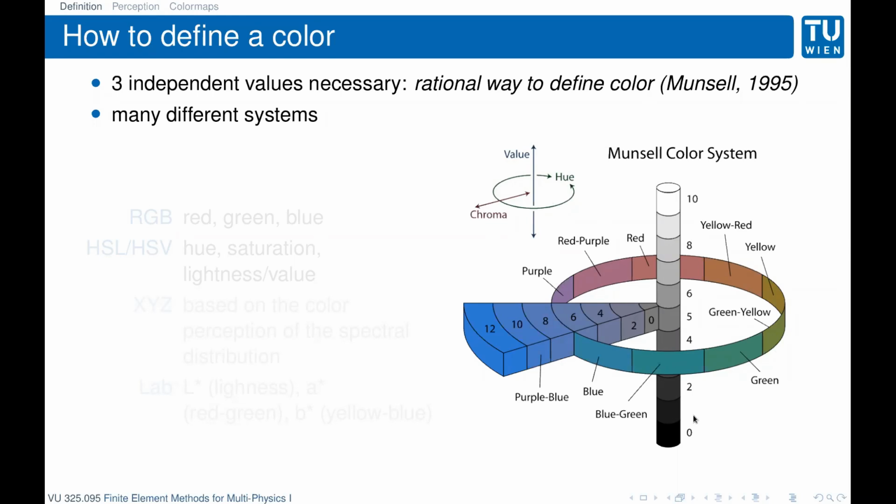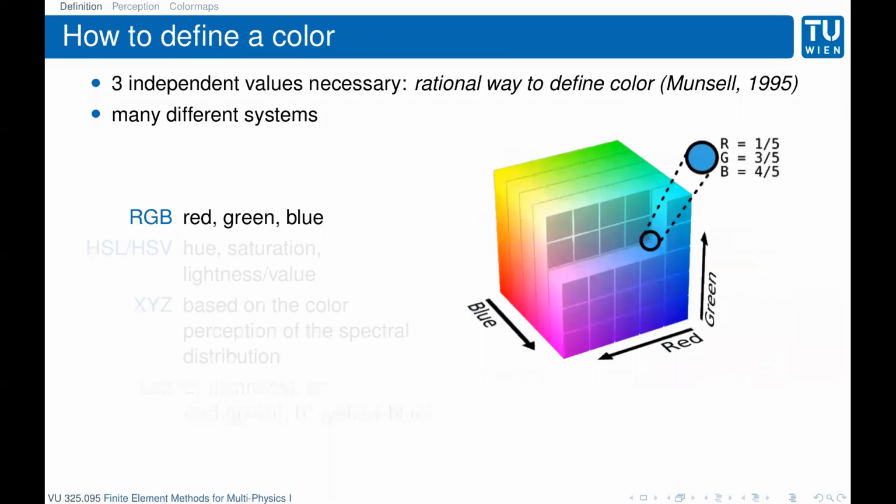And this is not the only way to define color. There are several ways, especially now on the computer. You can define colors, for example, in the RGB color space. So there's basically a color cube that is spanned by 3 axes. One is blue, one is red, and one is green.